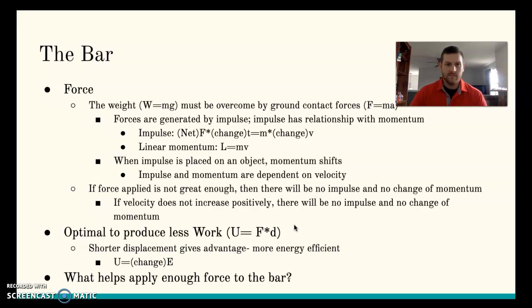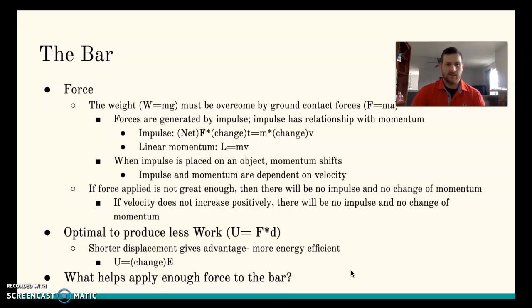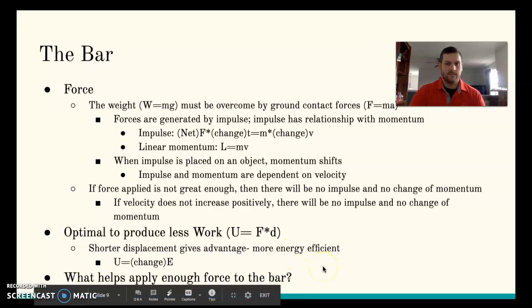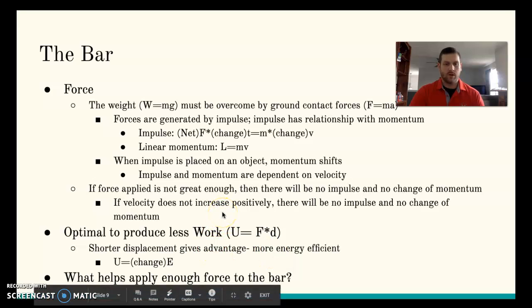But if we're doing less work, that means we have less of a change in energy, which means less energy is expended, or spent, which means that we've preserved some energy, right? And that means that maybe we can go back and make another attempt later. So shorter displacement gives us the advantage, and it's more energy efficient.